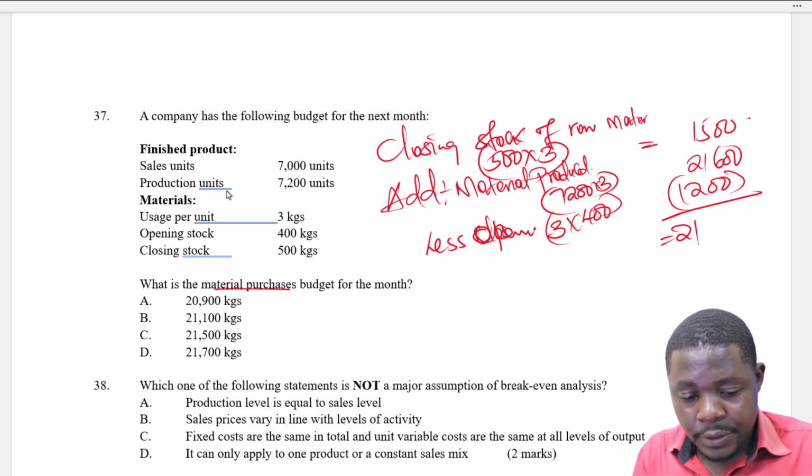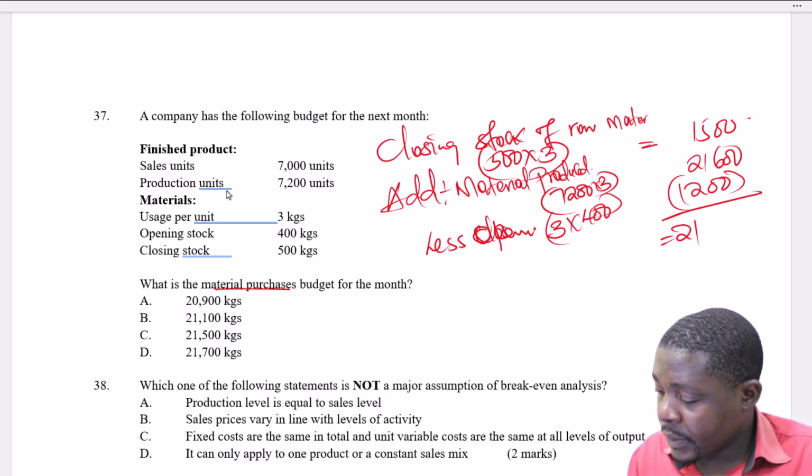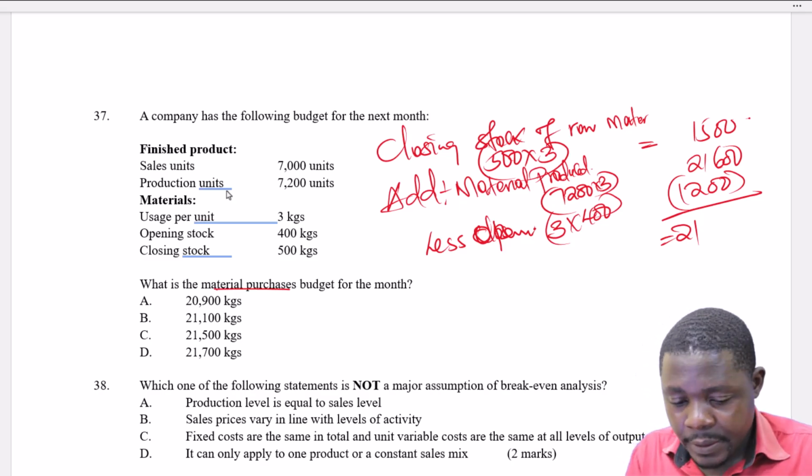Just a minute. That's 21,600. If you are adding 1,500 minus 1,200. If you minus in this case, I'm just figuring that it's not coming.